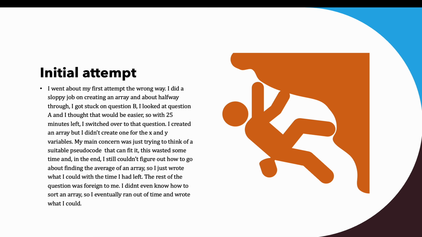I thought there was a simple function like you just type in sort and then it would work, but that clearly didn't work. So that took a lot of time, and eventually the time ran out, and all I had was the first array and the average.